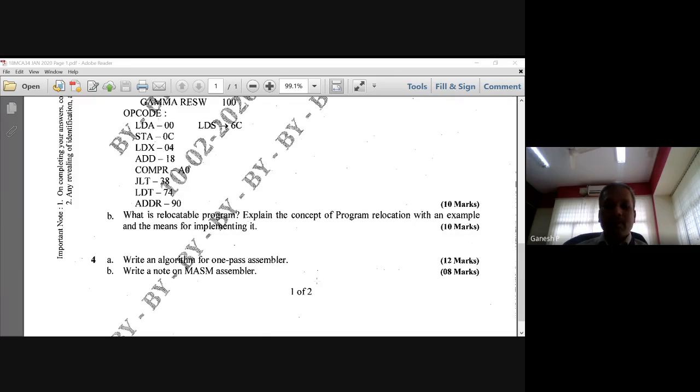For the second module, we have one more choice for you. Write an algorithm for a one pass assembler. We have not discussed an assembler algorithm; we know only the one pass assembler design. But look at the question today: write an algorithm for a one pass assembler. Since it is asked for 12 marks, we have to touch 2 things.